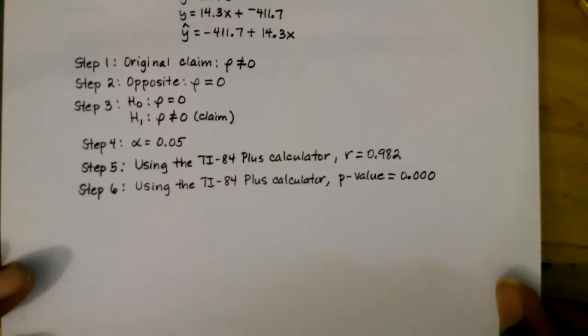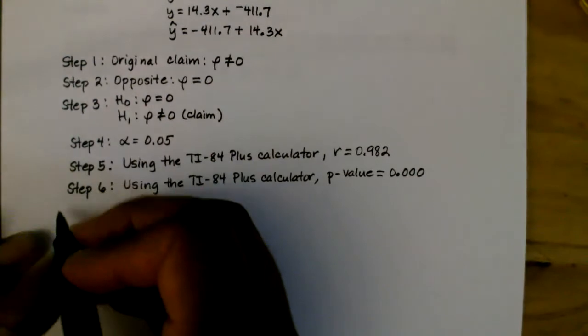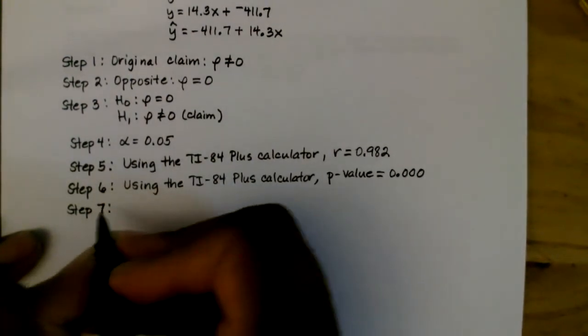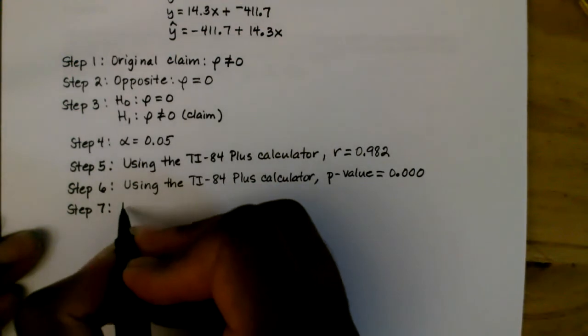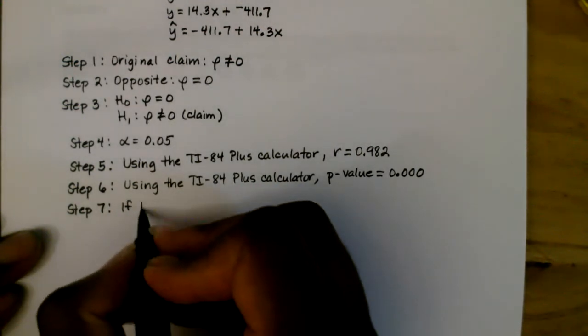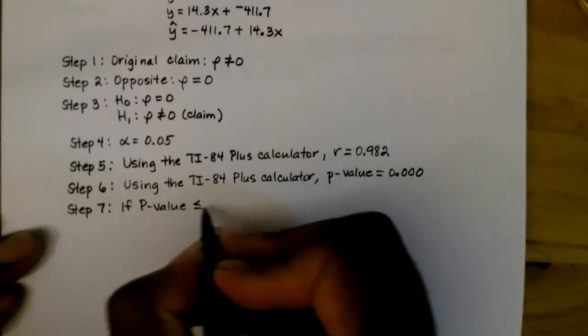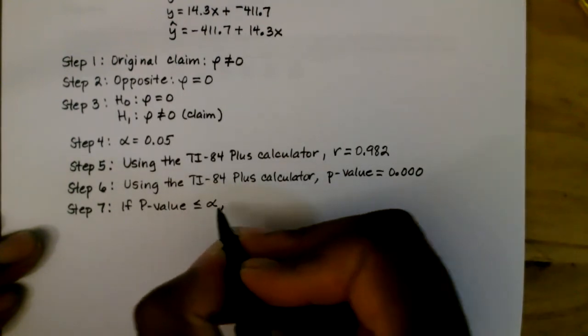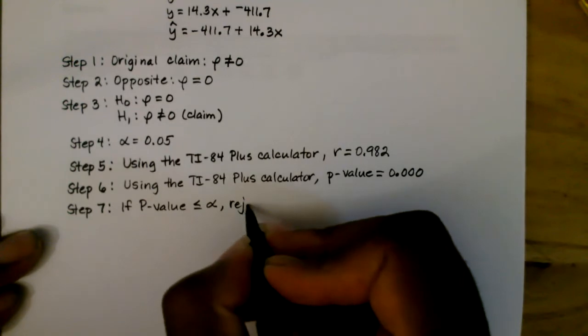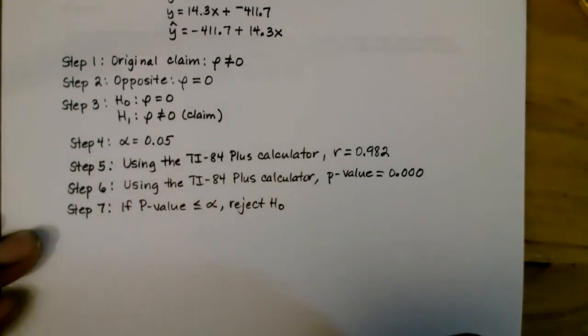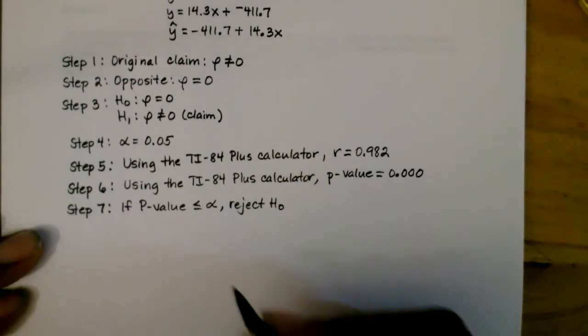Now step number 7 is the decision rule, comparing the p-value with my level of significance. If the p-value is less than or equal to alpha, you reject the null hypothesis.